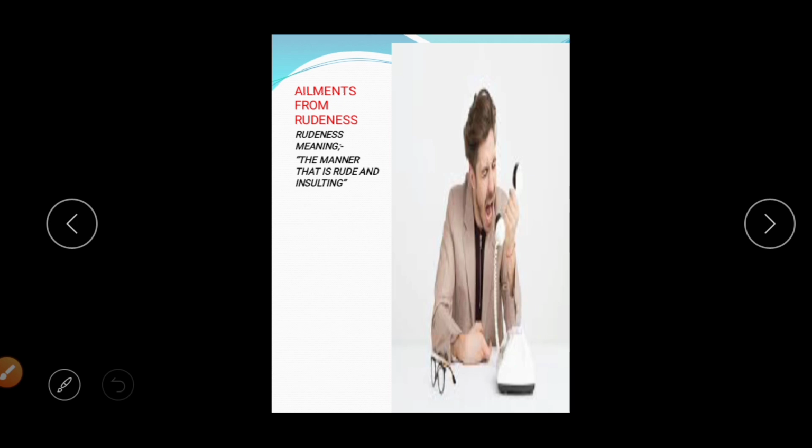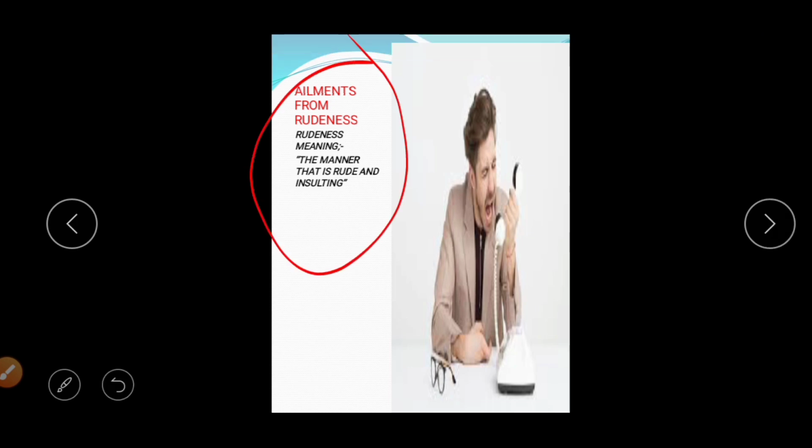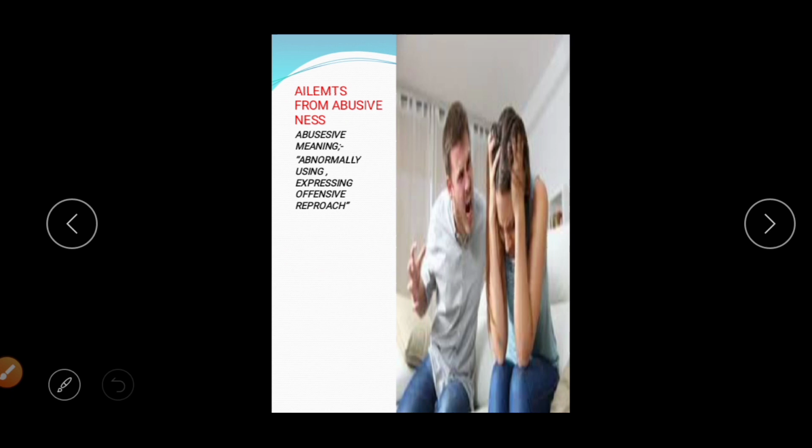These are the causative factors of the case. So I have taken 3 rubrics. Ailments from rudeness. You already know the rude behavior of the husband, so I need not explain more. And the next, ailments from abused in marriage. Here marriage means it's a commitment.